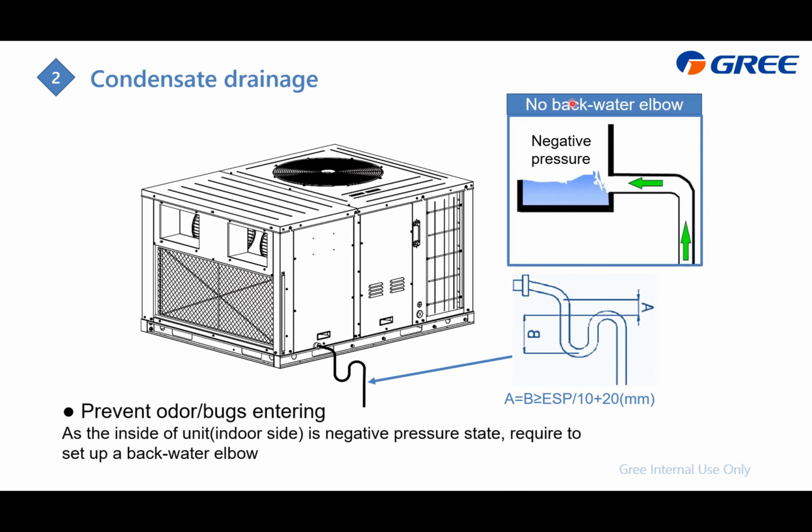And here is the example. If there is no backwater elbow, just like this, then it will intake the air from the outside to the inside. If there is a smell, then it can also introduce this smell, damaging or lowering the quality of the air.